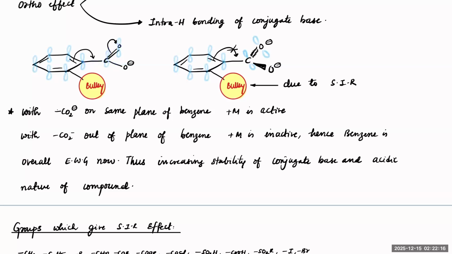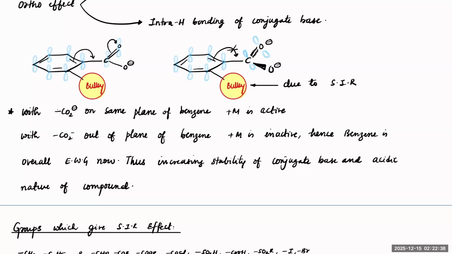So that means it can keep on moving anywhere like this. You can imagine my hand. This hand is the bond. And here we have C double bond O minus like this. Now, keeping this bond like this only, I can keep on moving like this, isn't it? So the C double bond O minus, which was supposed to be planar like this, has now turned this way.